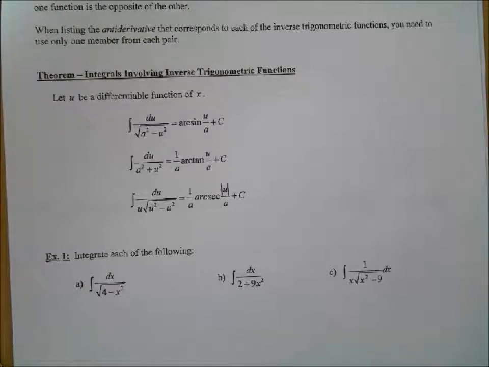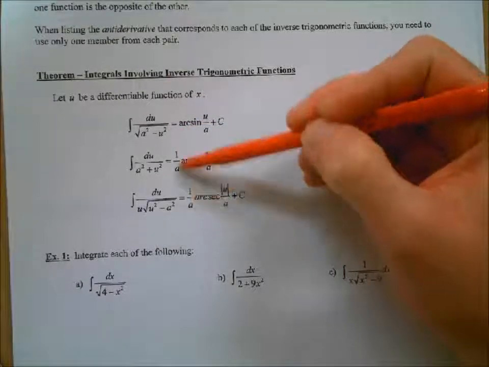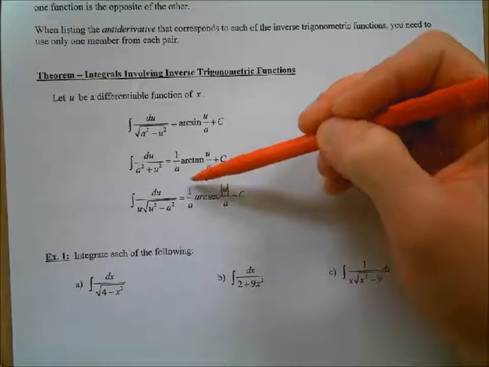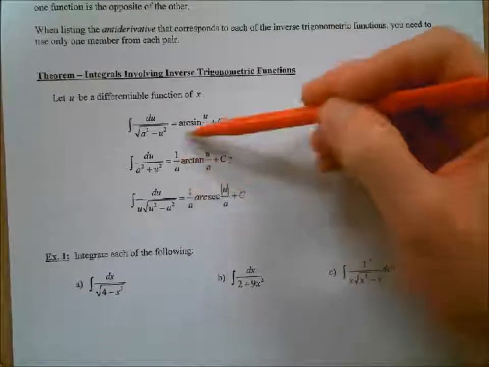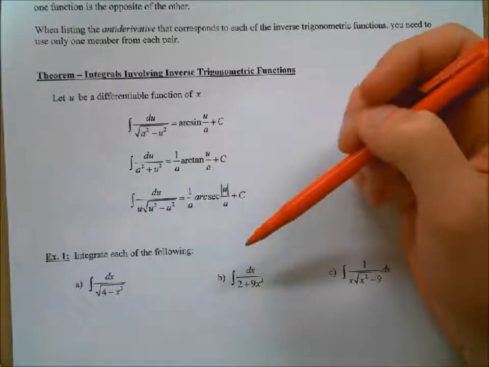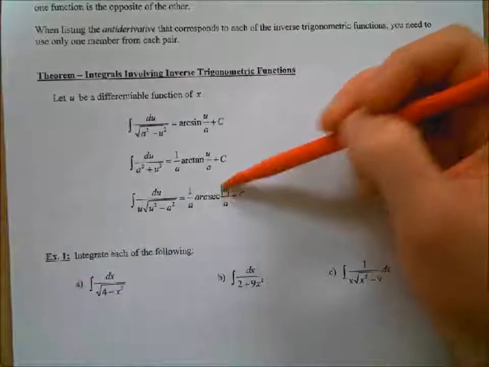Notice in front here some differences among the 3. Only 2 out of the 3 have a 1 over a. I don't really have a good way to help you remember that. The arcsine does not have a 1 over a out front; only the arctan and arcsecant do. They all have u over a, except arcsecant has the absolute value of u over a.